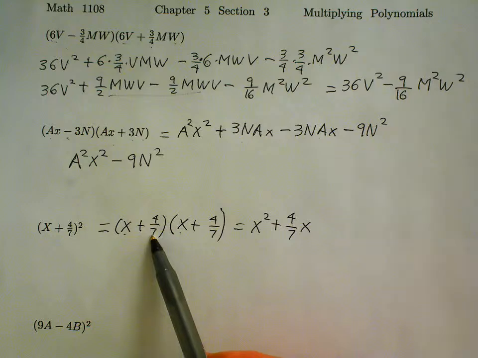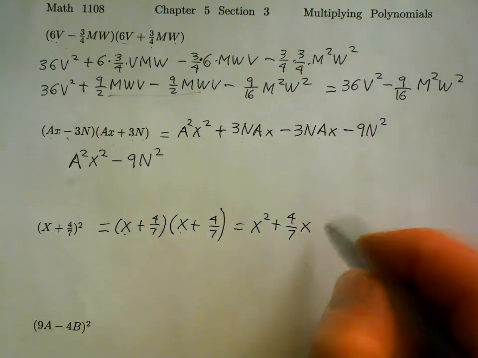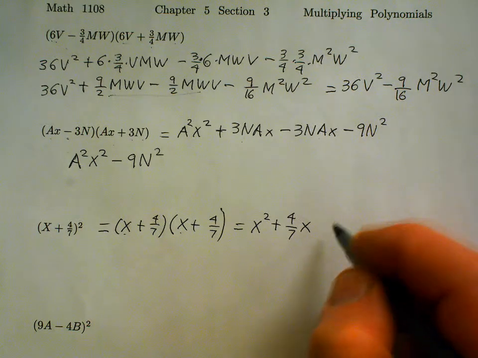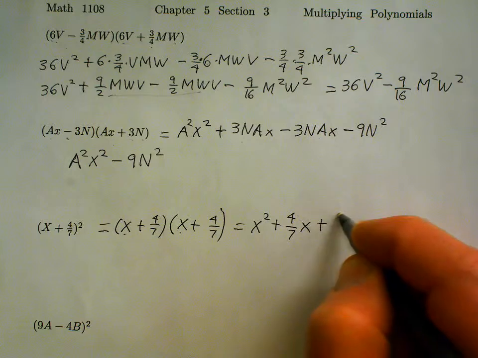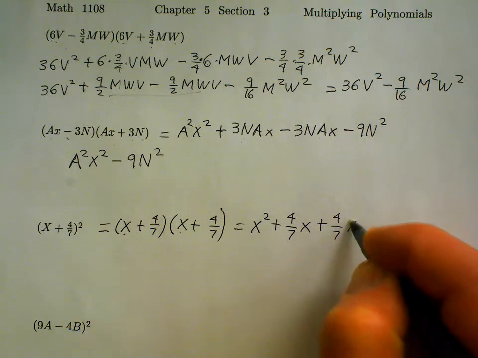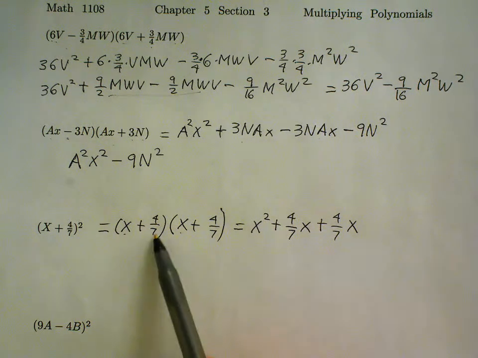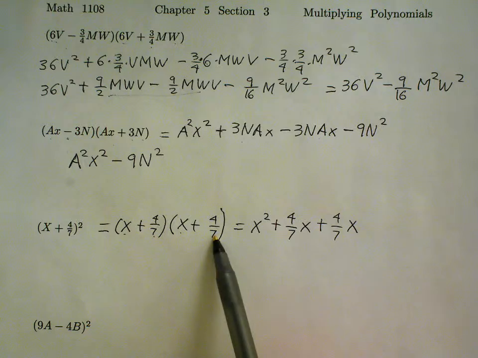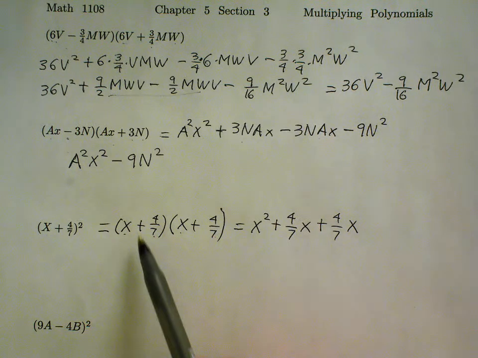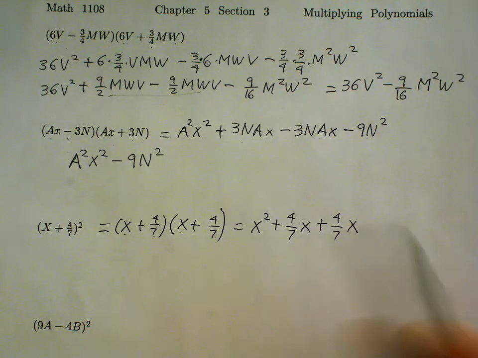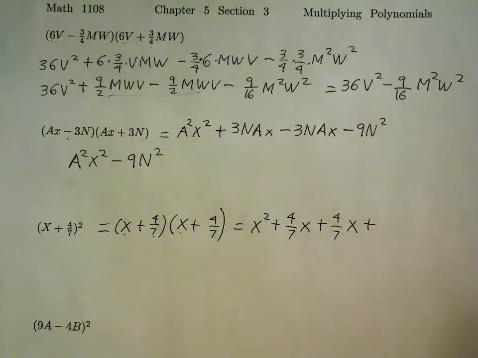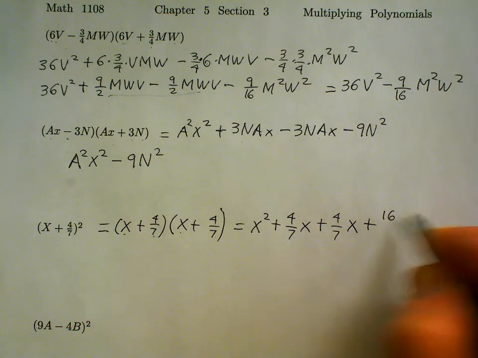So 4/7 times x is positive 4/7 x, so we write plus 4/7 x. And then we multiply 4/7 times 4/7, so we add 16/49.